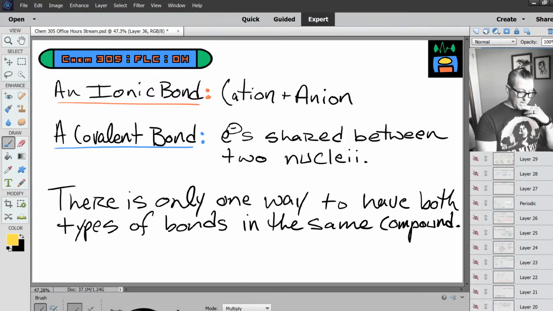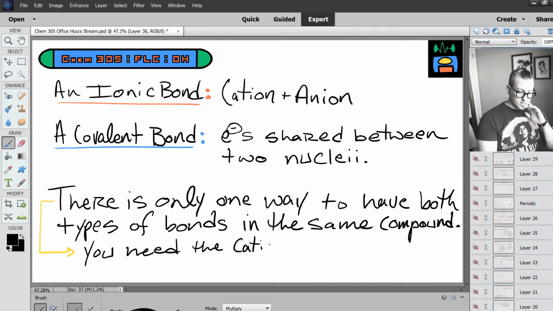You need the cation, anion, or both to be a polyatomic ion.